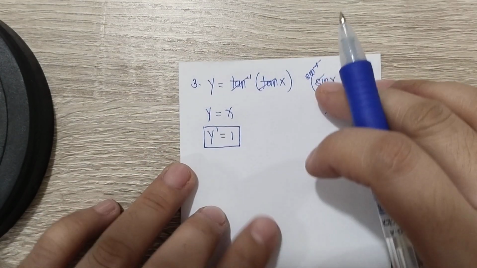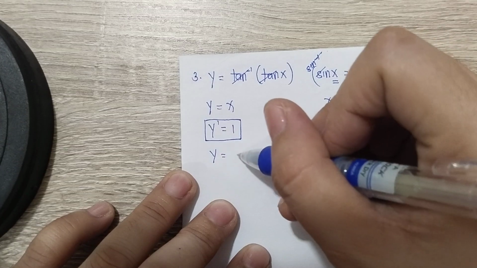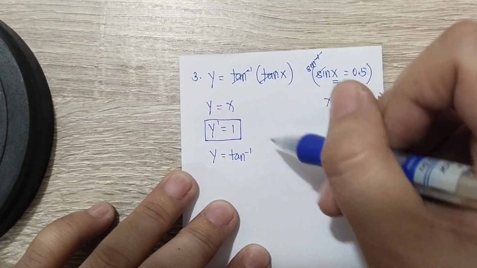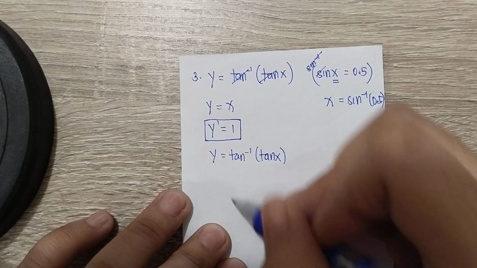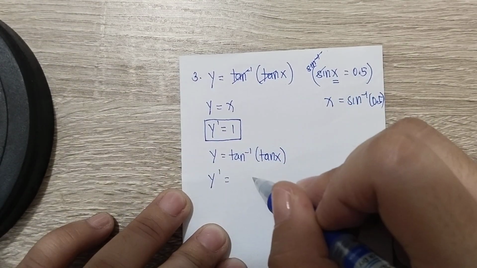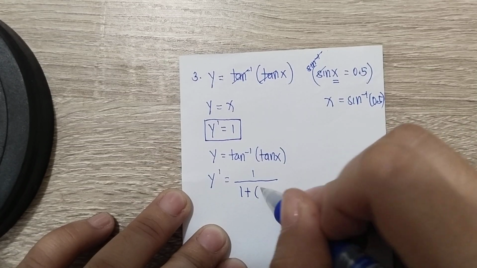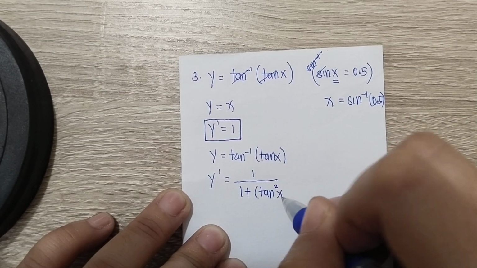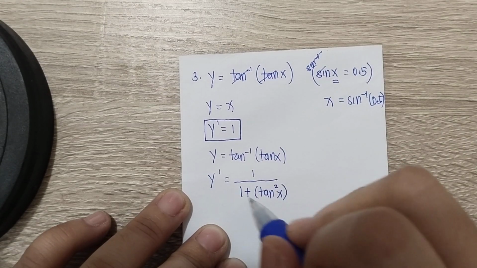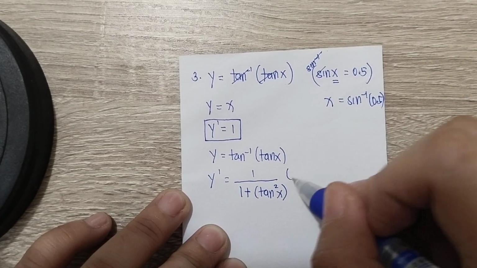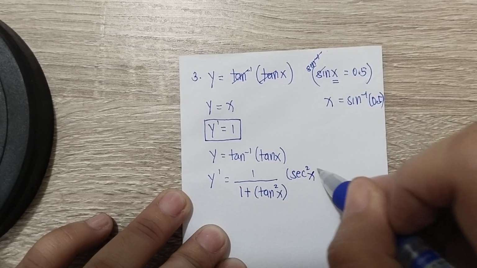Okay? Ngayon, what if idiretso ko siya, ma'am? Yung given natin na y equal to the arctangent of tan x. So, ang formula niya, 'di ba? Ang y prime natin is 1 over 1 plus u squared. Ito yung u, so, we have tan squared, kasi u squared, 'di ba? 1 over 1 plus tan squared x. Then, derivative ng tangent is secant squared of x.